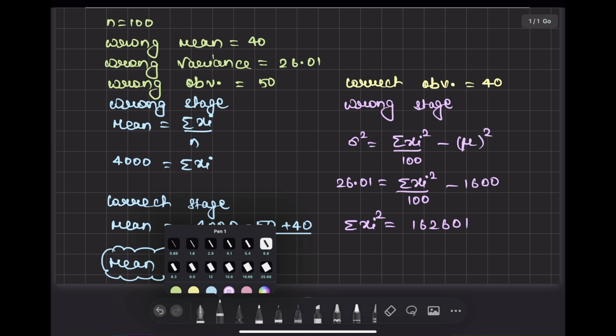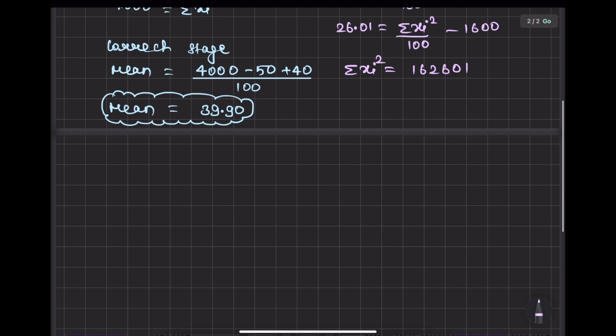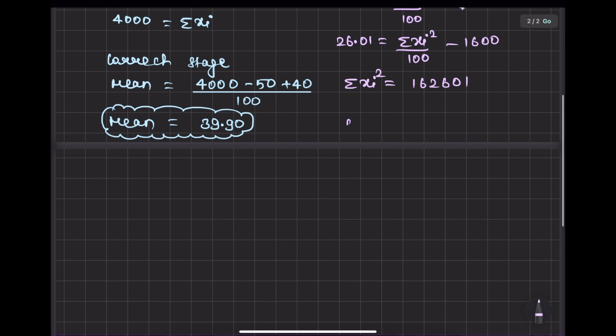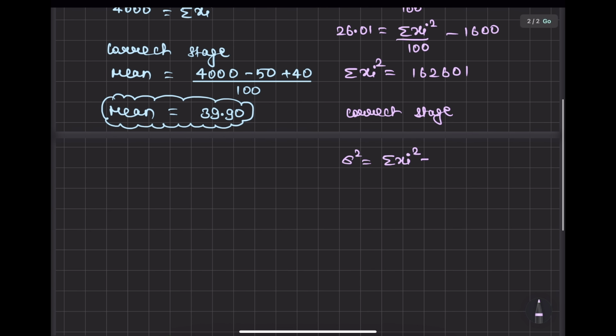Now we will introduce the correct stage. Now this time we will get correct things. In the correct stage, we will have the summation of xi square. From this we will remove the square of the wrong element. The wrong element was 50, so 50 square will be subtracted.